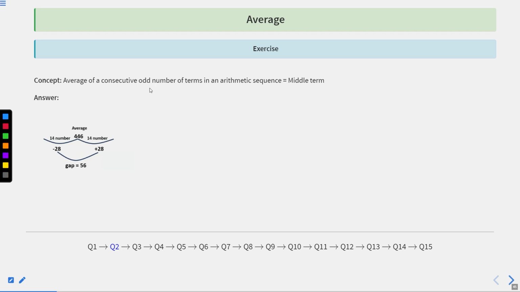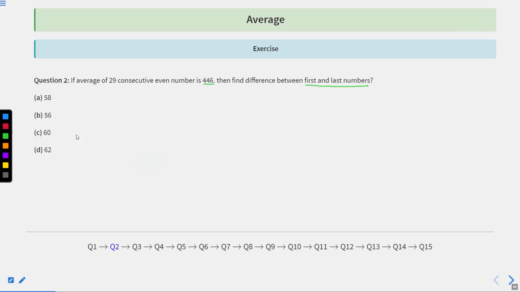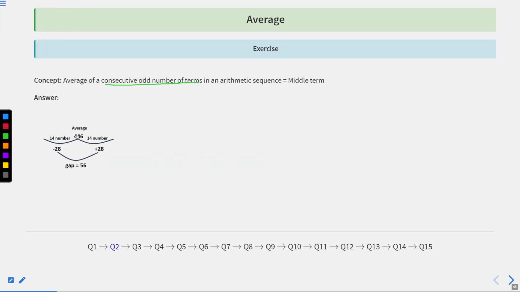So first of all, recall the concept that we are going to use here. The concept says the average of consecutive odd number of terms in an arithmetic sequence is equal to the middle term. So we are given that the average is 446. So 446 is going to be the middle term. And it is also given that there are 29 consecutive even numbers that we are talking about.